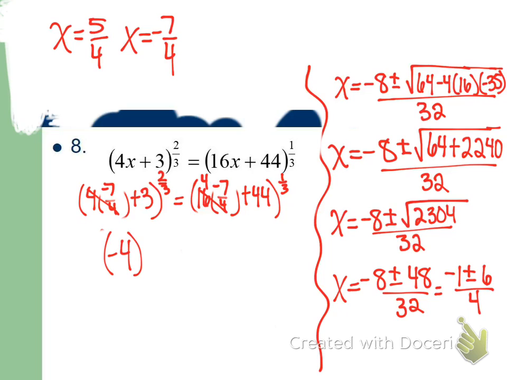Negative 4. So we have negative 4 to the 2/3. Okay, again, the 16 and the 4 cross reduce, so we've got 4 times negative 7. Negative 28 plus 44.